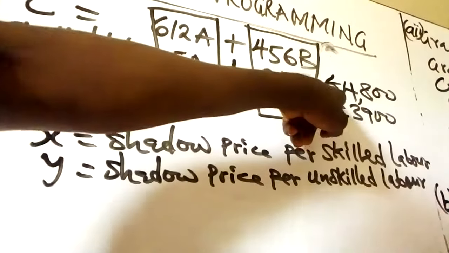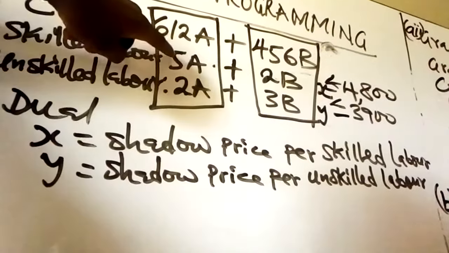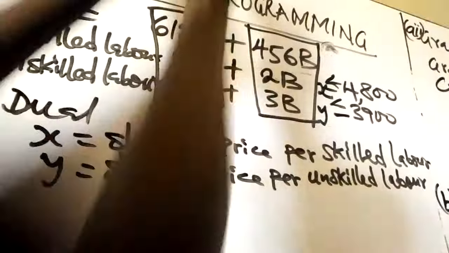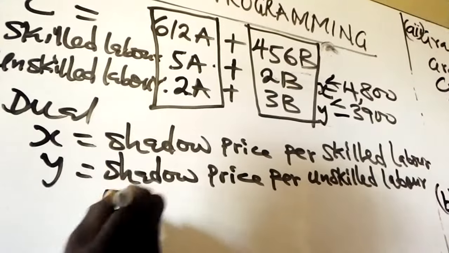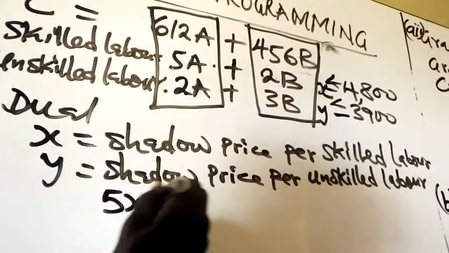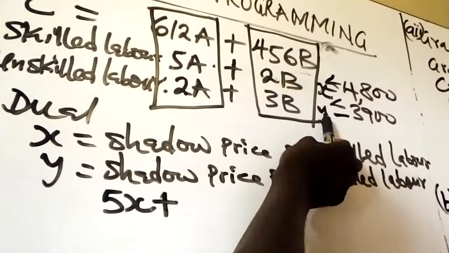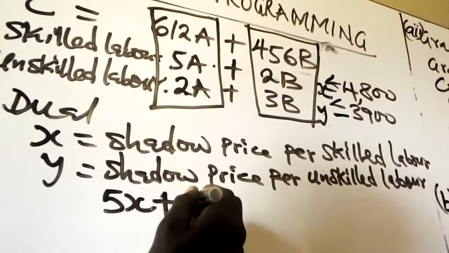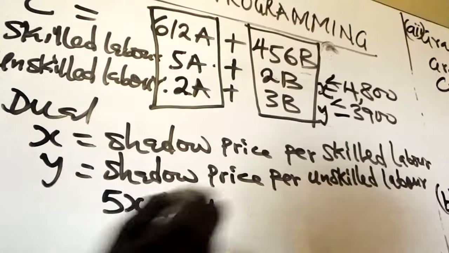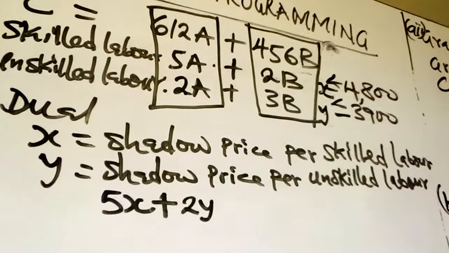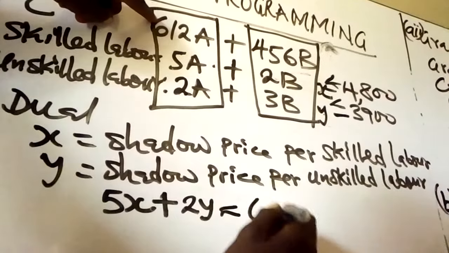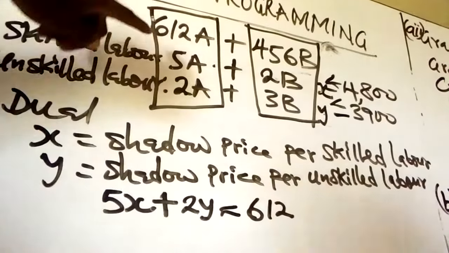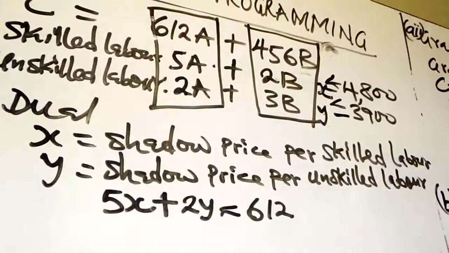Just take your x here and use it to multiply this coefficient. X multiplied by 5 will be 5x, plus y times 2, that will be 2y. 5x plus 2y equals 612.